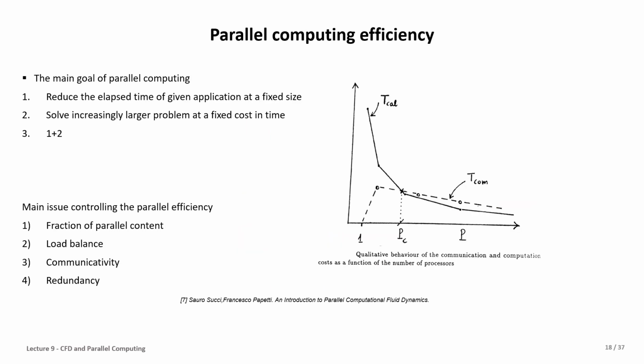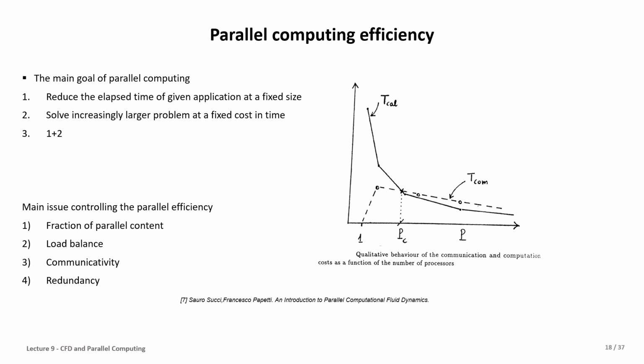So after this short presentation of the parallel architecture and the topology which could be used in CFD with high performance computing, we can say the goal of parallel computing in CFD is to reduce the elapsed time of a given application at a fixed size, and to solve increasingly large problems at a fixed cost in time.